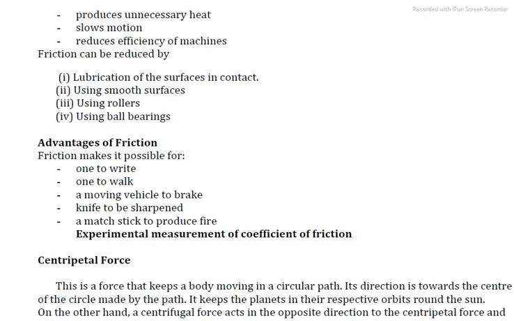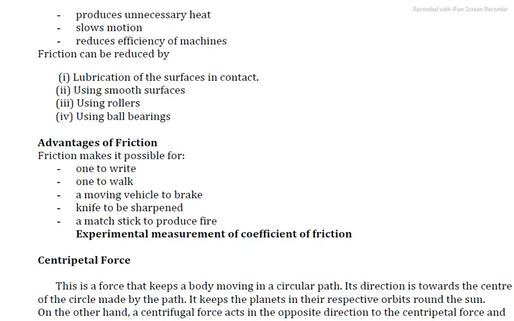Still, friction causes wearing out of surfaces. Friction also produces unnecessary heat, and also it slows motion, because some of the energy that is meant to run is used to overcome friction, so it slows motion.